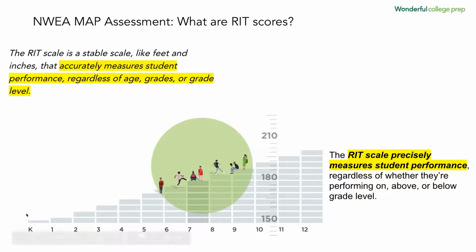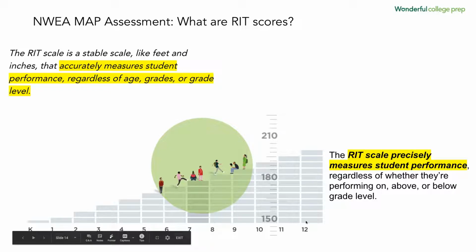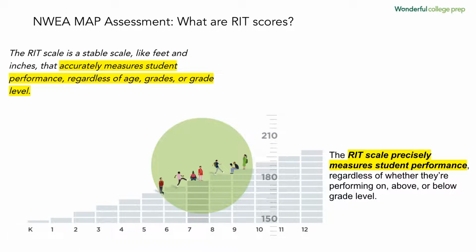So we can see here that kindergarten through 12th grade, and then here is sort of the RIT scale, right? And so we can see that, let's picture that we have a 5th grade student here who is, let's say, right around 170. And then next we have a 6th grader who is close to getting to that 180 mark.